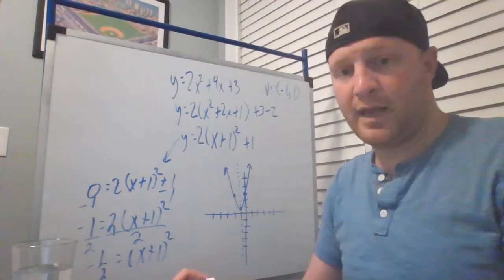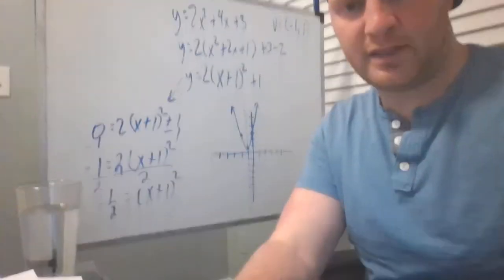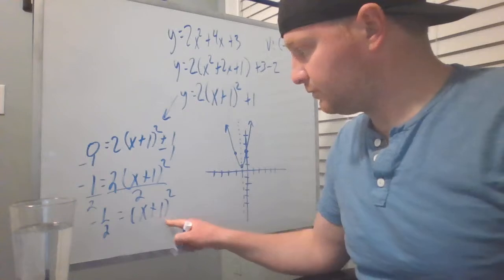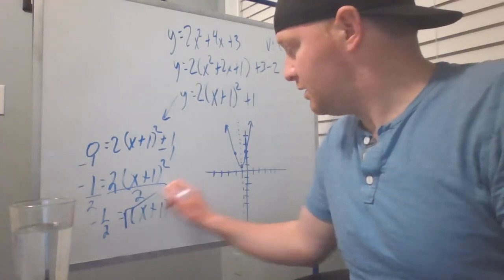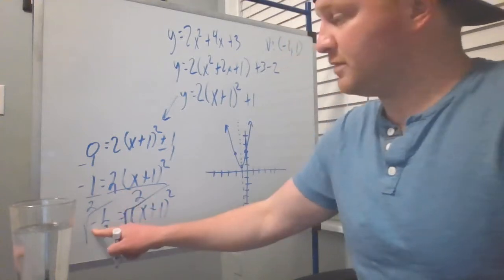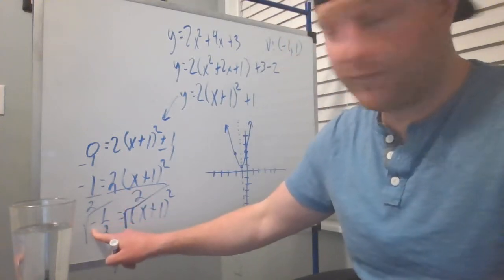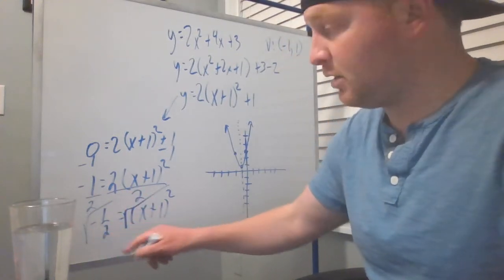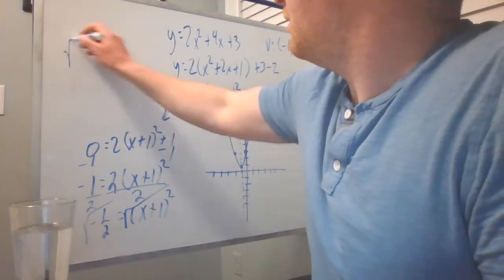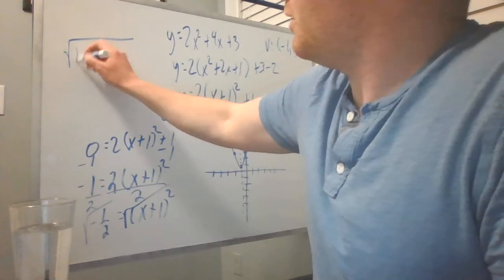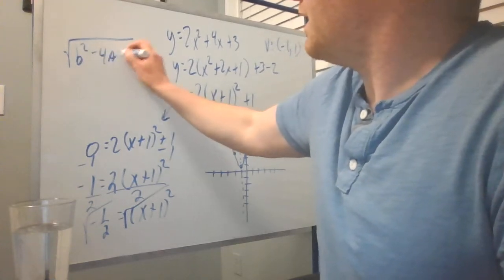Okay? Now, down here, let me make sure you guys can see this. If I were to continue this like we have been in the past, I would then square root both sides, and I notice I'm taking the square root of a negative number. Therefore, this will not work. This is called, in the quadratic formula, the discriminant. So remember we did the quadratic formula? We got b squared minus 4ac.